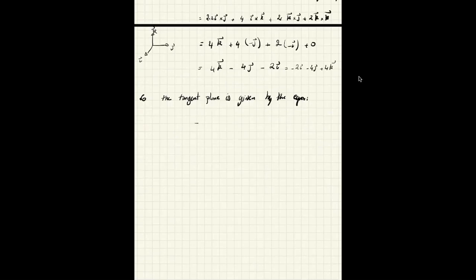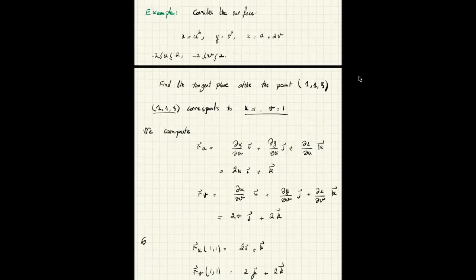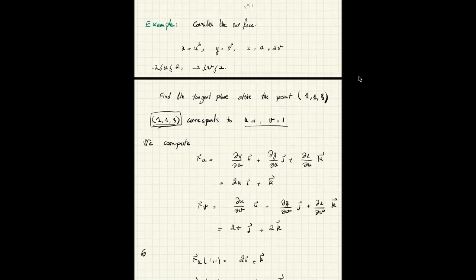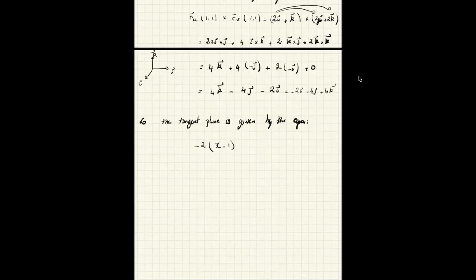So it's minus 2 times (x minus 1), minus 4 times (y minus 1), plus 4 times (z minus 3), equal to 0. So now this is equal to x plus 2y minus 2z plus 3 equal to 0.